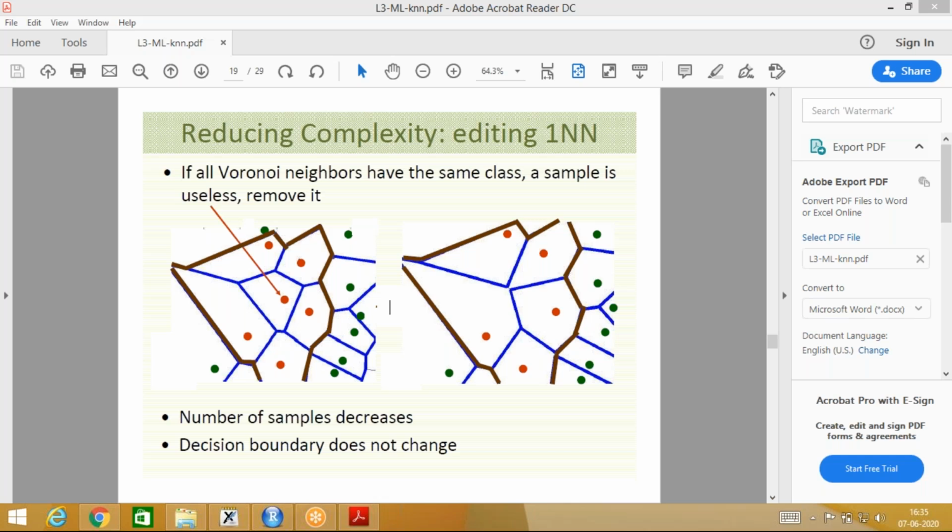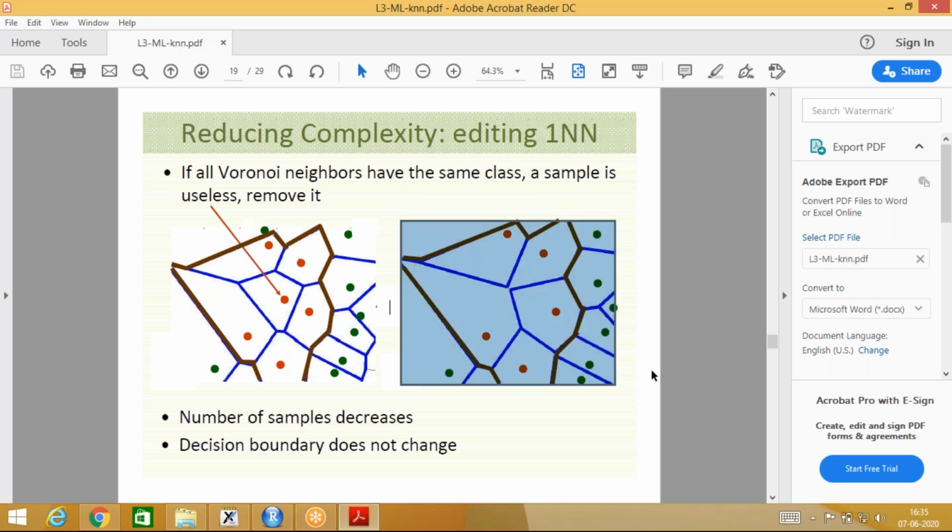And if you cannot waste time in computation, all those samples which do not change the boundary, as I told you the boundary matters, whether this guy is there or not, this boundary does not get affected. This boundary remains. So all those guys who do not affect the boundary, we generally do not consider.